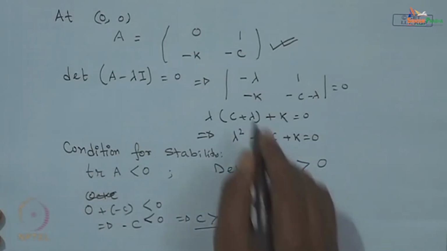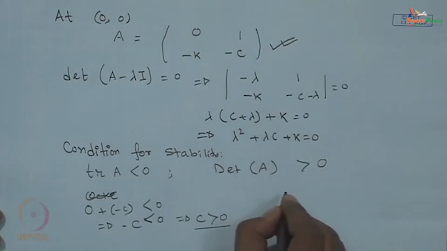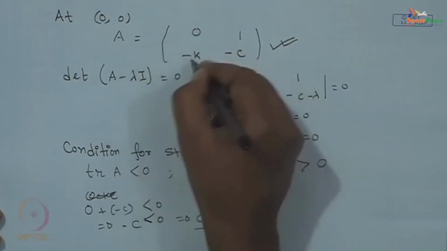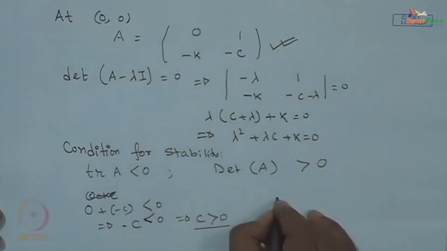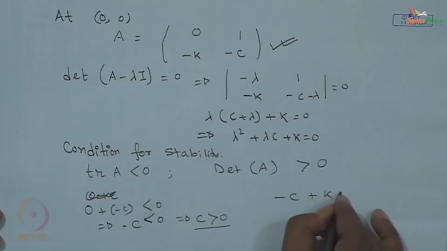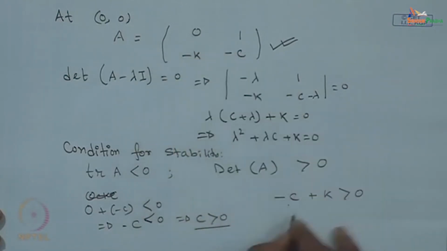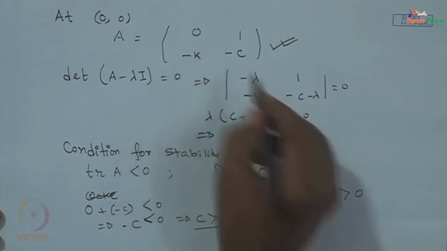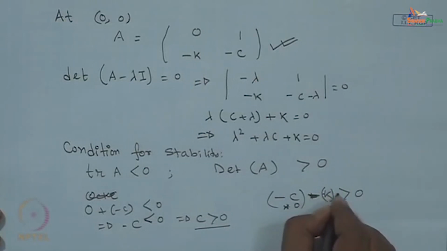And what is the determinant of this? The determinant will be this multiplied by this, minus this multiplied by this. So, minus c multiplied by 0, minus minus k multiplied by 1. So, minus minus plus k.